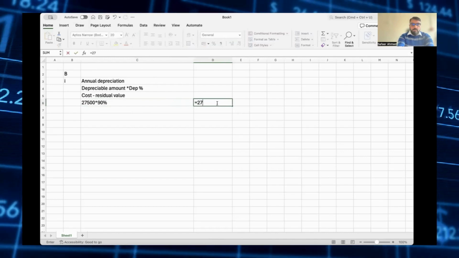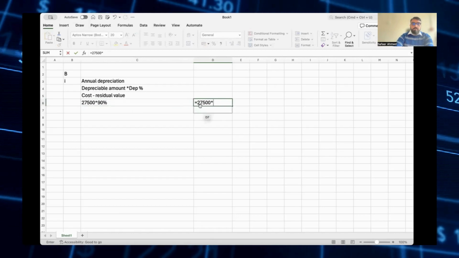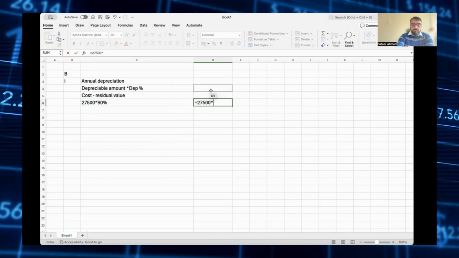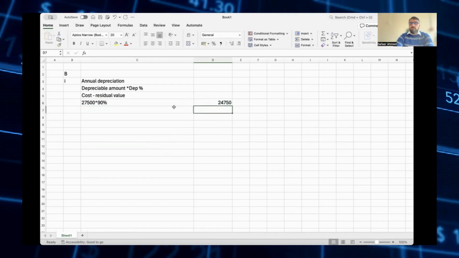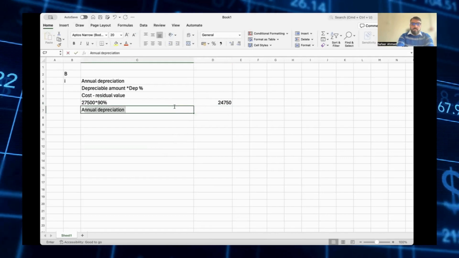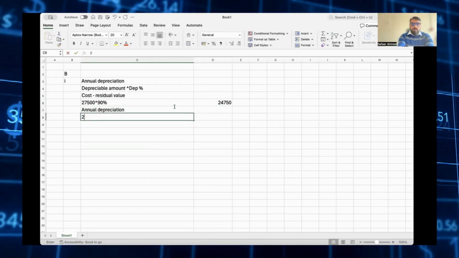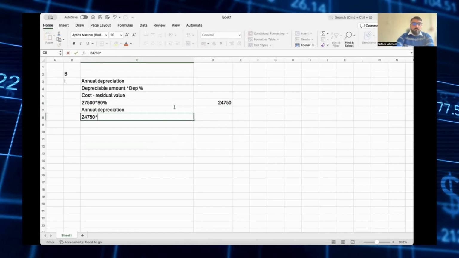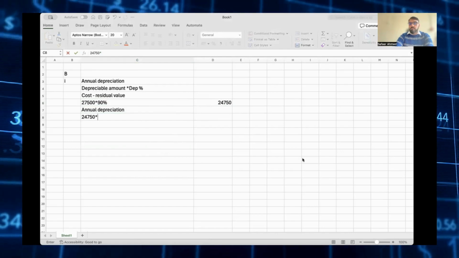So which is 27,500 times 90%. And this is your depreciable amount. So now the annual depreciation will be simply 24,750 times, they've given us the percentage as well, which is 20% per annum.